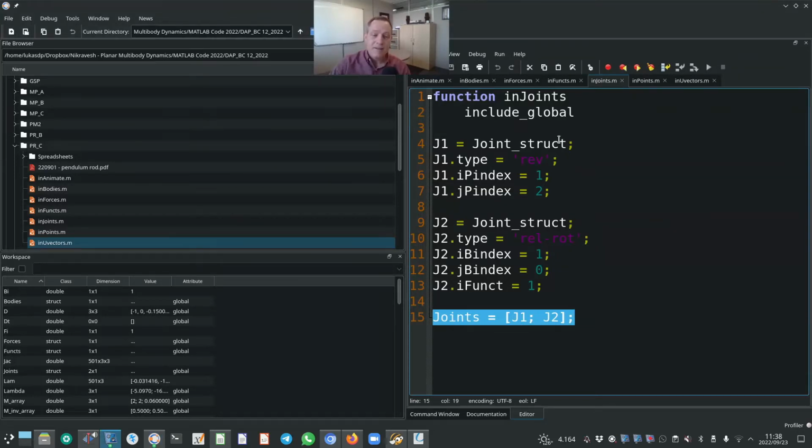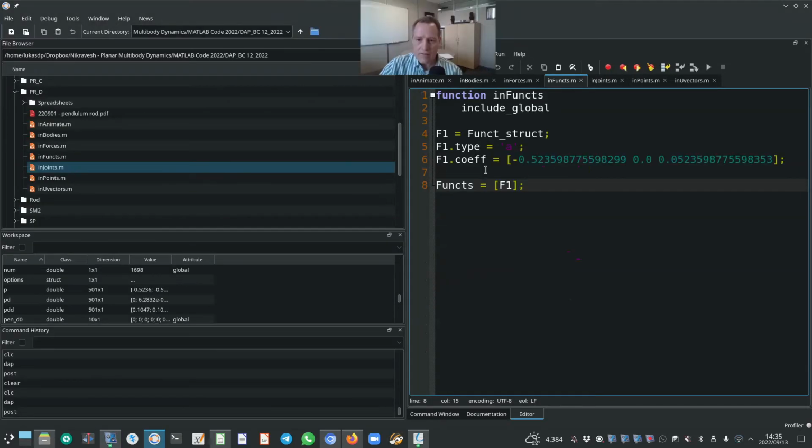Let's now have a look at the input file in func. The function type is what Newton-Raphson refers to as type A. Newton-Raphson also formulated what he refers to as a type B and a type C function, but we'll get to that in a later lecture.